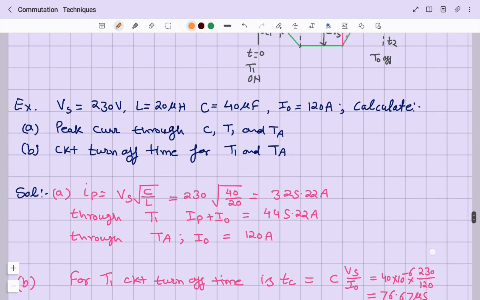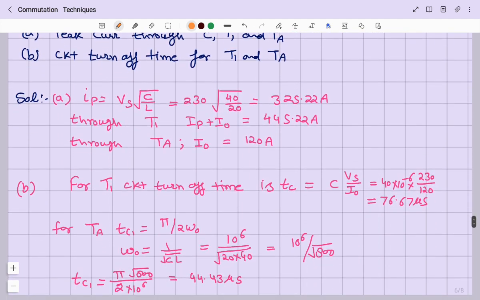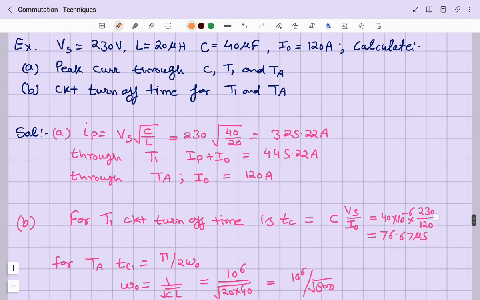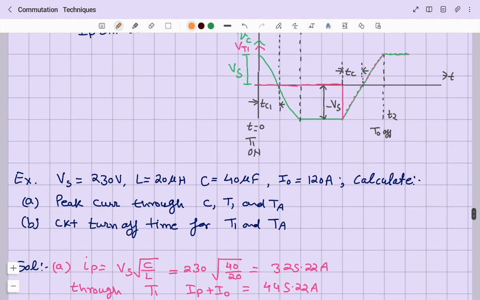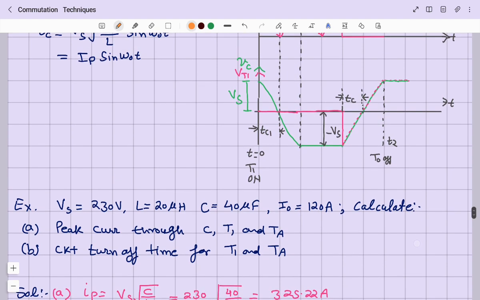Now based on this, you can find the peak current through the capacitor C, thyristor T1 and auxiliary thyristor TA, and also find the circuit turn off time for T1 and TA.